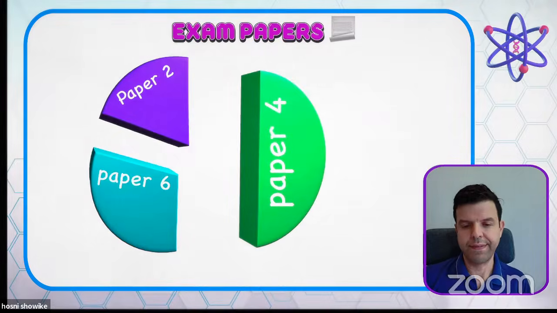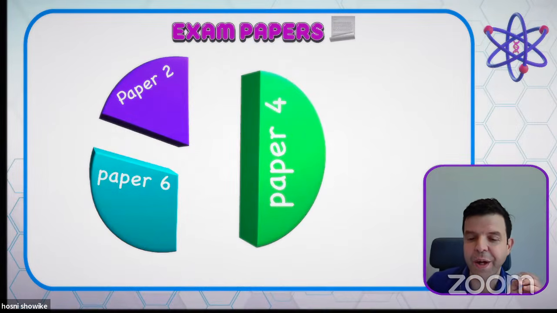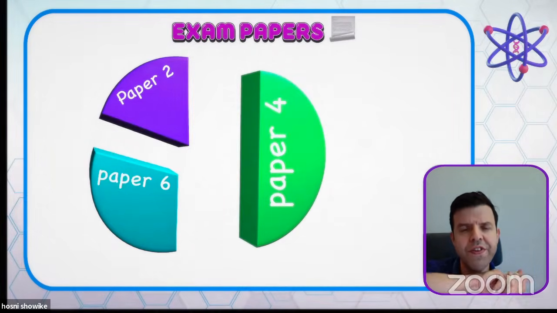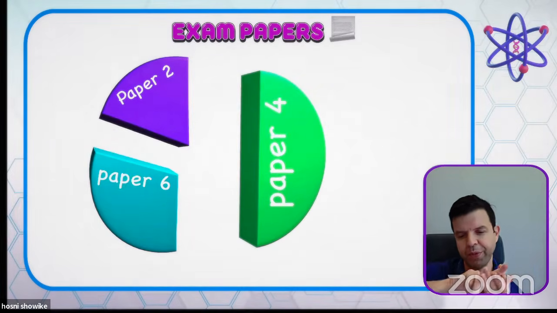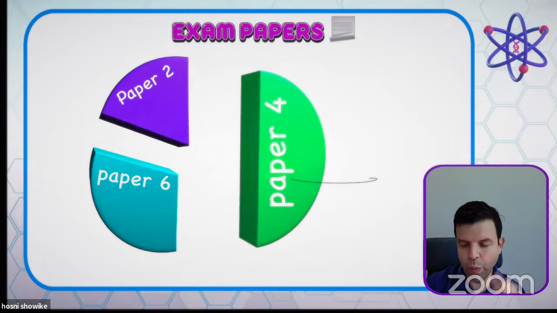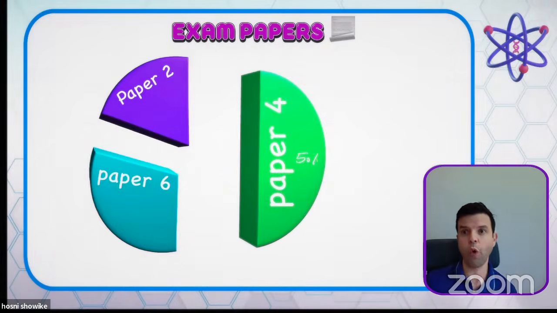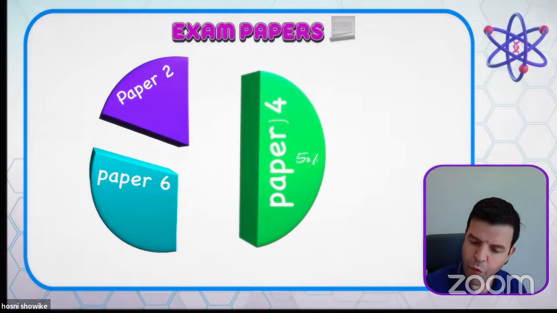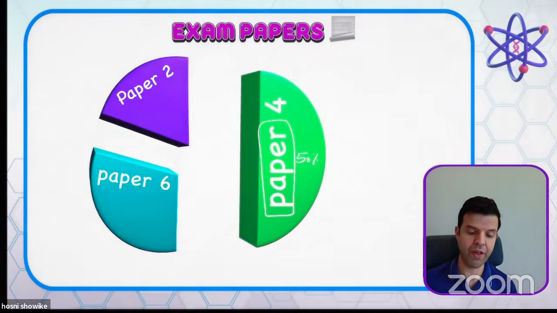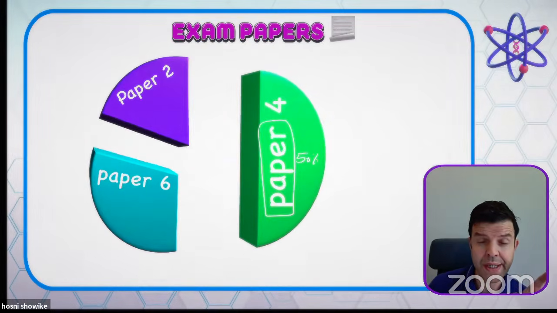All right. Now let's get to check the exam papers. So in Cambridge IGCSE, we have 3 exam papers. This one big exam paper is worth 50% of your overall. That's paper 4. Paper 4 is the theory paper. It's the easiest.